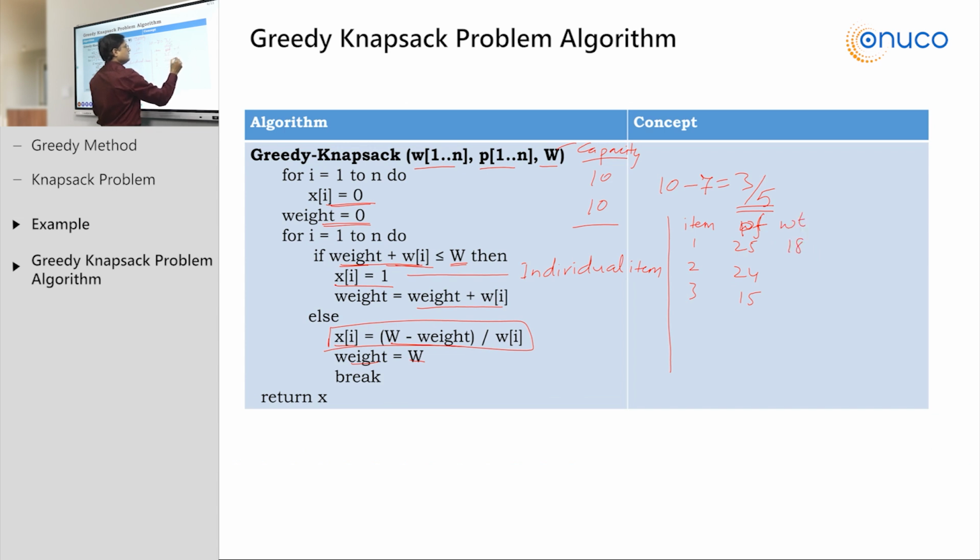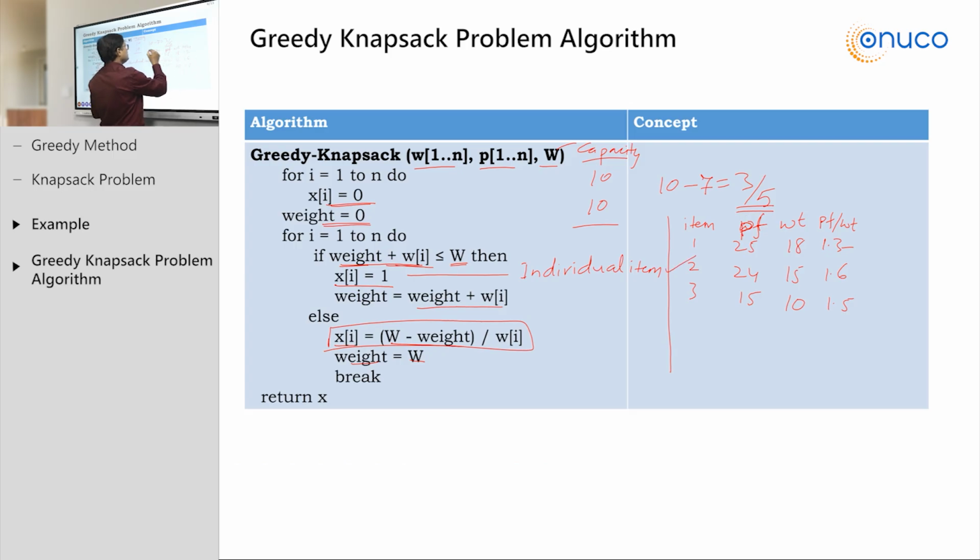Weight, say, is 18, 15, 10. So if you do profit divided by weight, what will happen here? It will give you 1.3 something, here 1.6, here 1.5. So among these, the most profitable element is the second item.